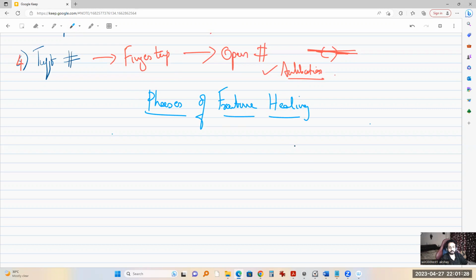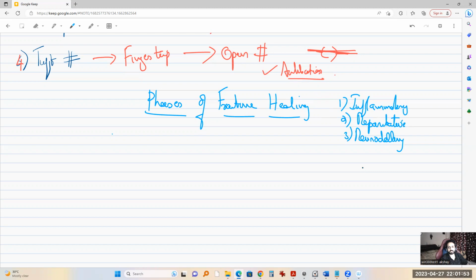If you remember, those are the inflammatory stage, the reparative stage, and the remodeling stage.